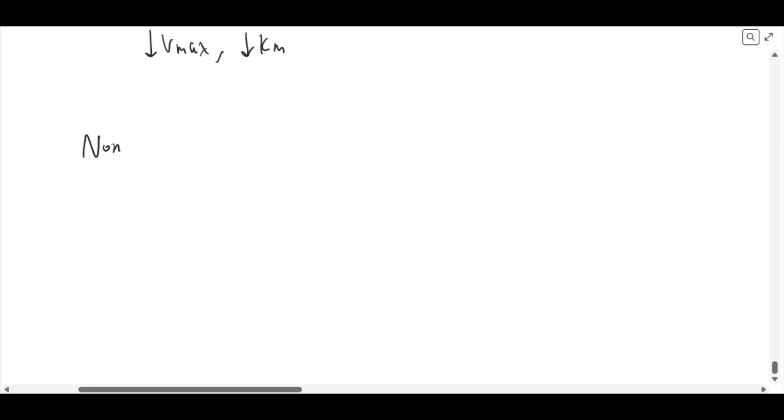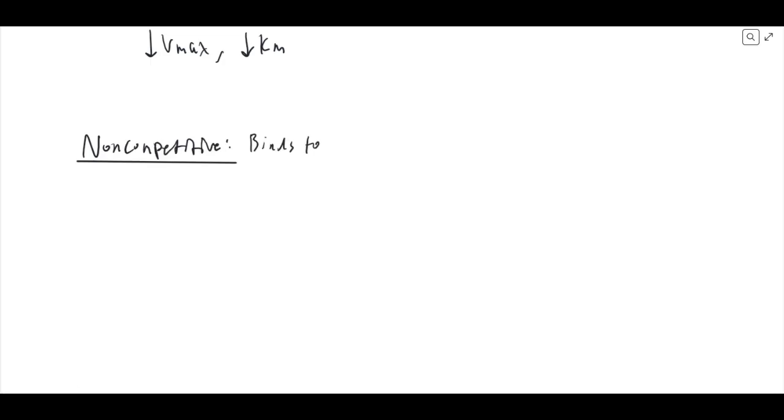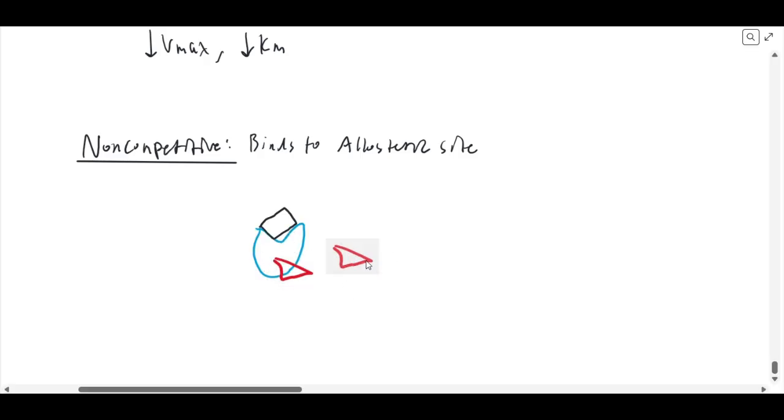Next, we have a non-competitive inhibitor. All right, so this one binds to the allosteric site, which basically just means that it's not on the active site or with both the enzyme and substrate complex together. Since this is our inhibitor, this could just bind right here, which could cause a configuration change or whatnot.